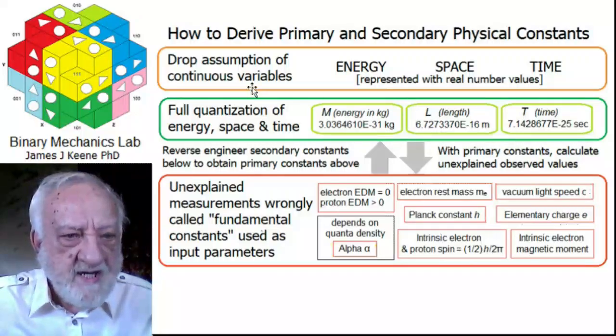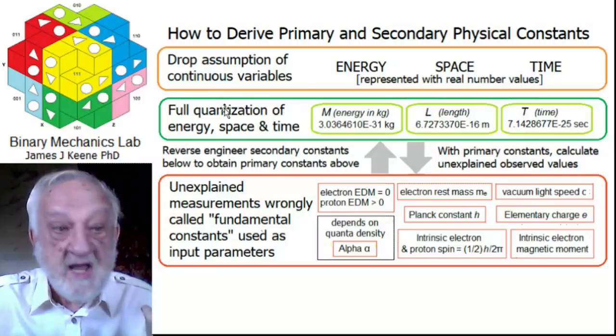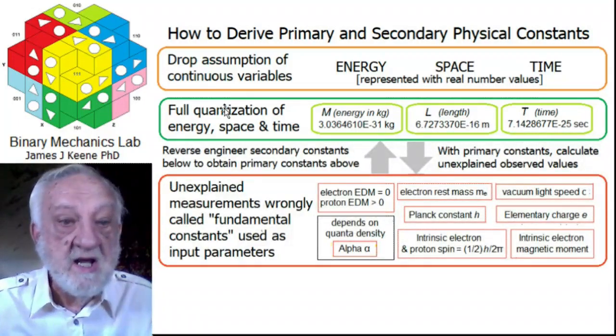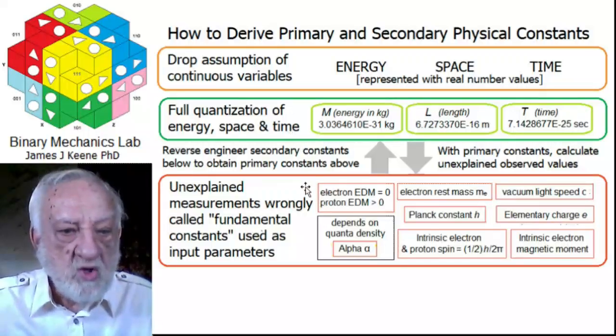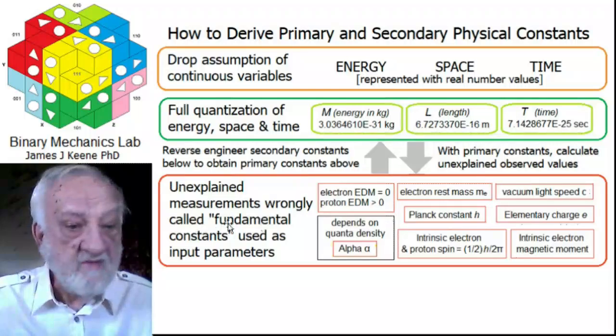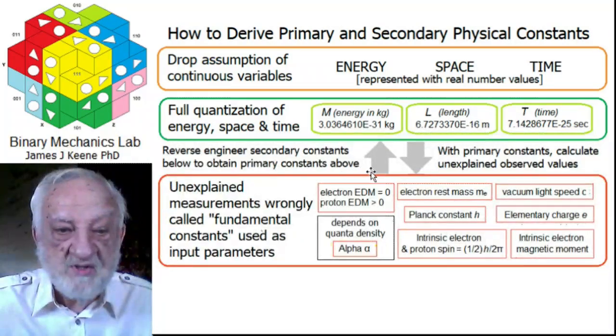So, what we need to do is to venture into the postulate of binary mechanics of full quantization of energy, space, and time. Now, we're going to have to dip into the unexplained measurements, wrongly called fundamental constants, to reverse engineer these secondary constants below to obtain primary constants above.